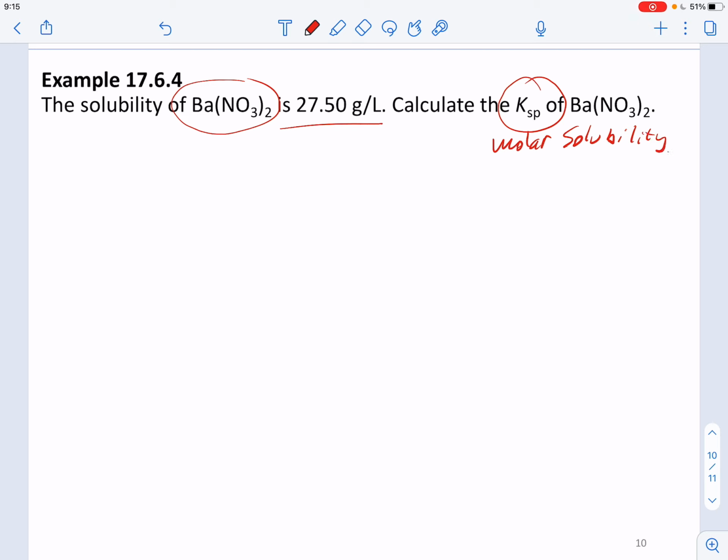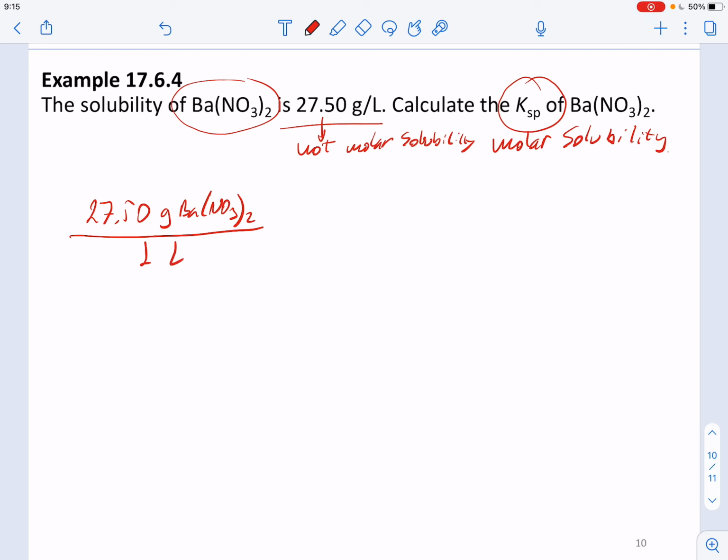And this is not molar solubility, so we need to convert that. First things first, let's convert that to molar solubility. To do that, we have 27.50 grams of barium nitrate and 1 liter of solution here.